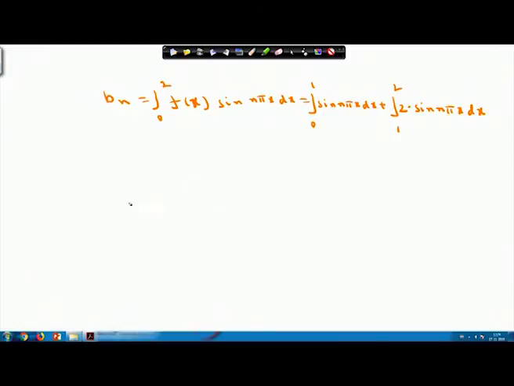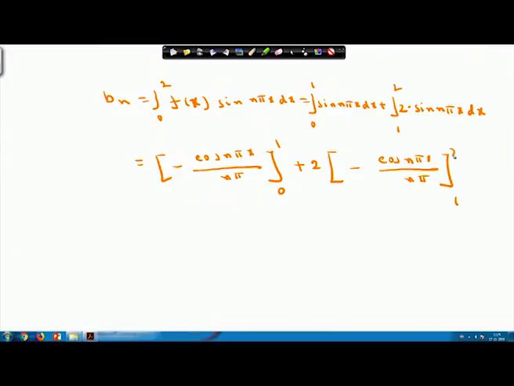And if you evaluate the integral of this, this is actually 0 to 1 and 1 to 2. So, I am just writing this as minus cos of n pi x by n pi from 0 to 1, plus 2 into minus cos n pi x by n pi from 1 to 2.